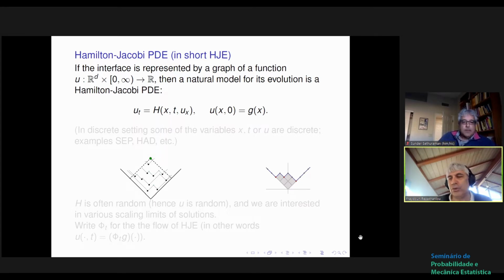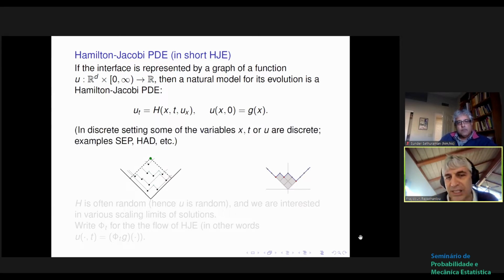So x, t, u, if some of them are discrete, then you may formulate some very familiar models like the exclusion process and the Hammersley-Aldous-Diaconis model.